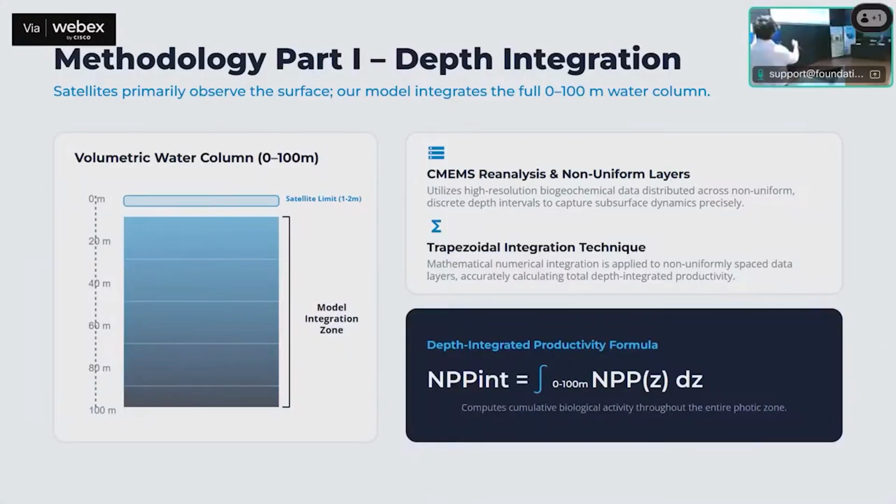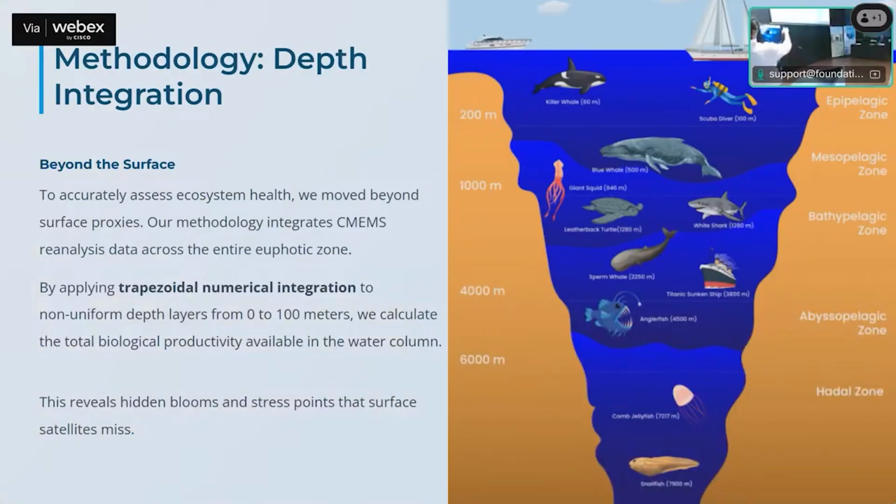This is again why I've used the trapezoidal rule, because in the ocean the value of these parameters doesn't change linearly with depth. So we have to do a trapezoidal integration to get the changes at every depth properly. Using this, we have got a similar structure of species.